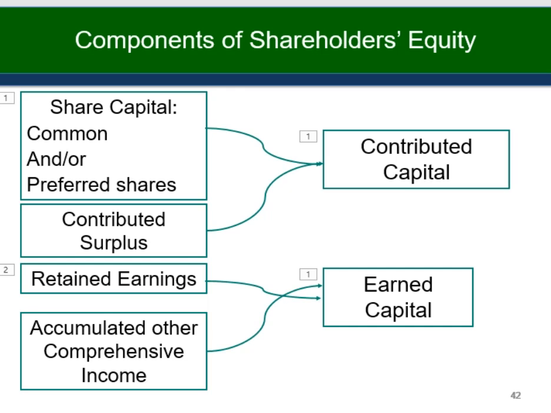Operating in foreign locations, foreign currency translation issues, can result in other comprehensive income. So there's a number of categories where you would actually see other comprehensive income arise. And essentially it's unrealized gains or losses which are not exchanged for cash.